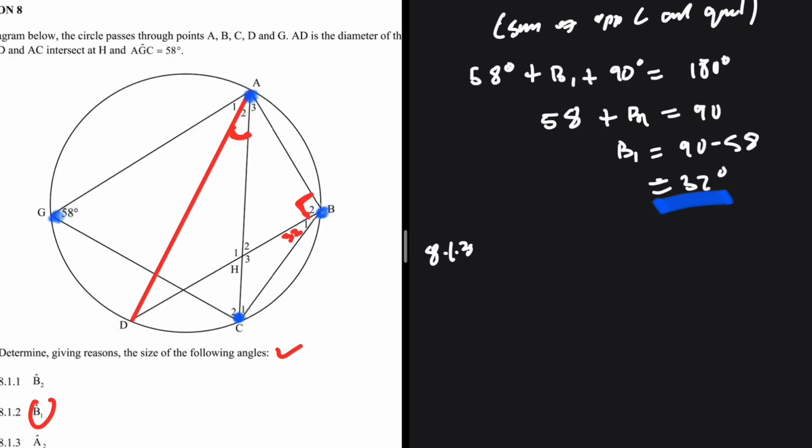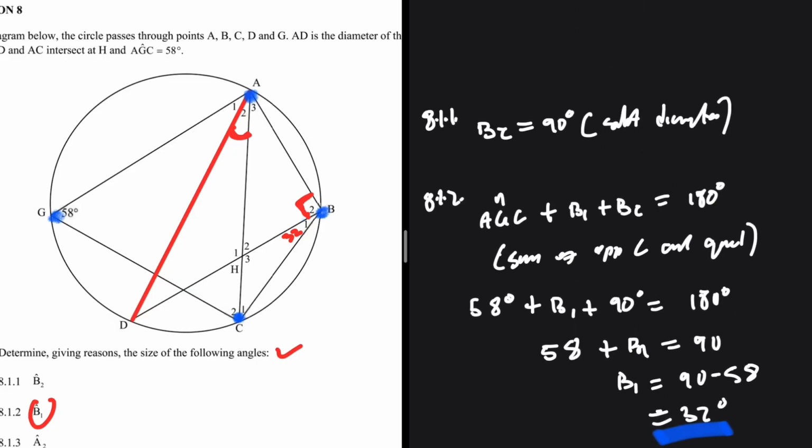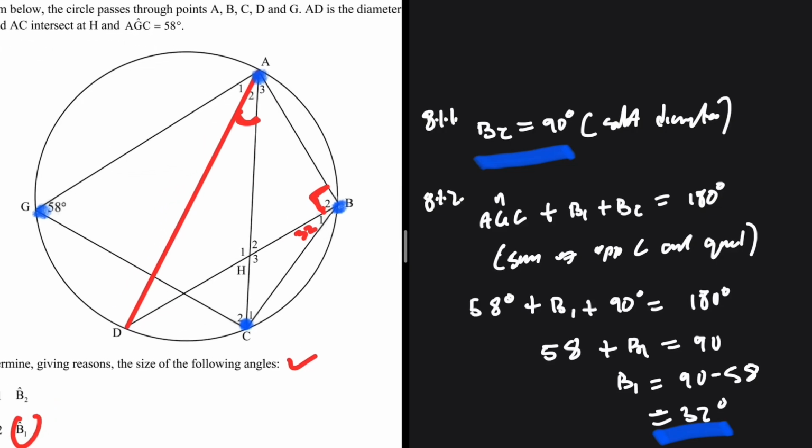Of what we have calculated already, what can we relate to A2? Let's start by taking a look at B2. Is there a way we can relate A2 to B2?